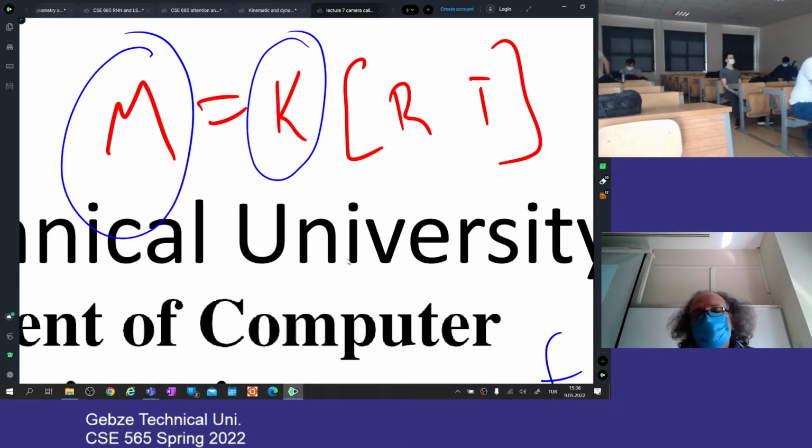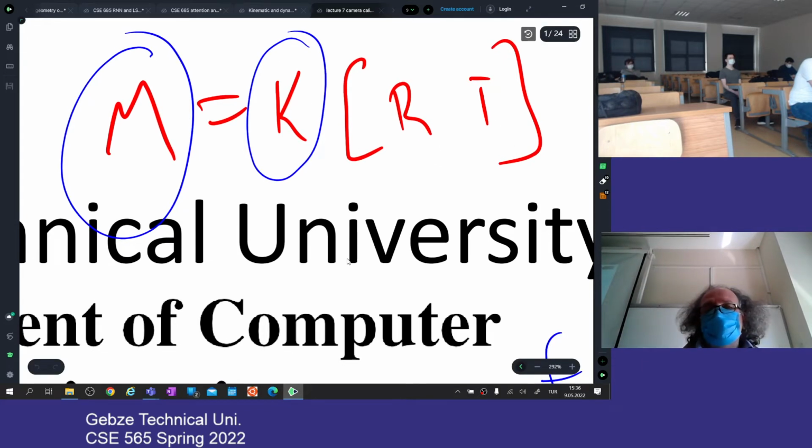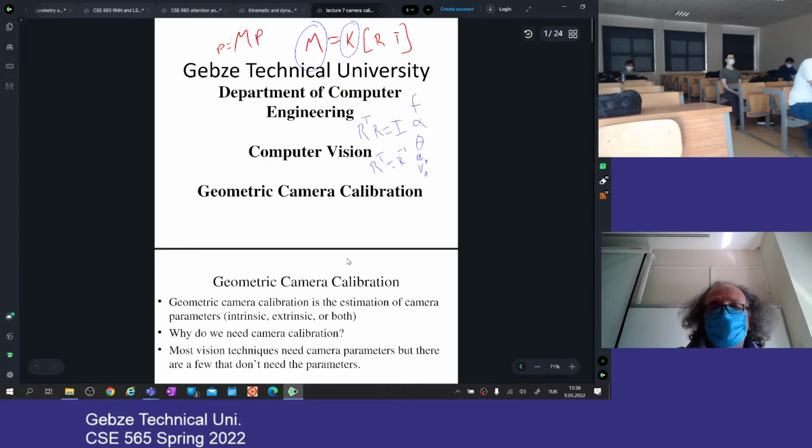It's a linear operation, as you know, matrix multiplication. And the camera calibration means finding the elements of these matrices: translation matrix, rotation matrix, and the intrinsic parameters. These are extrinsics, and these are the intrinsics. That's the definition of the geometric camera calibration.